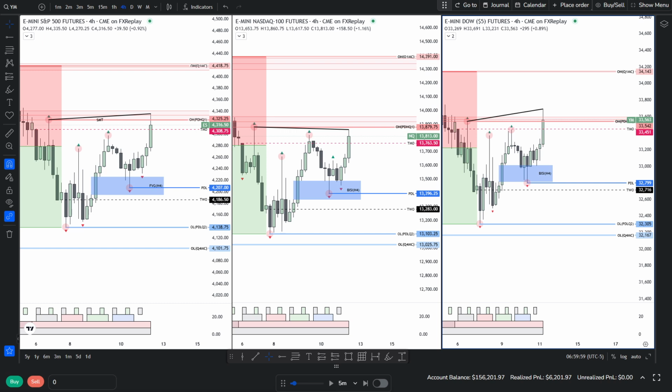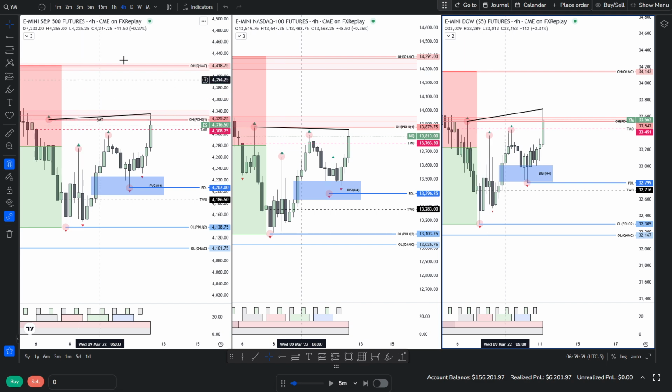Now, we do have clean and clear swing points at the highs referencing a previous day's high, so that is important to note. Okay.